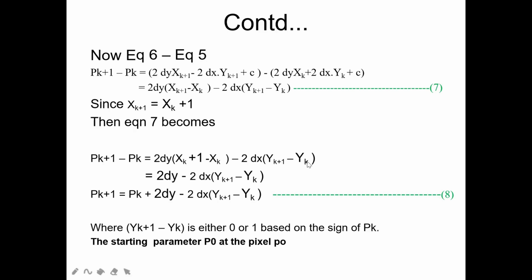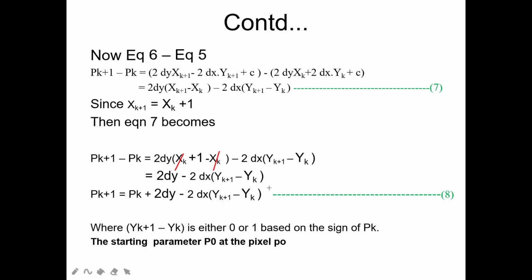Let it be like this for the timing. So here xk and xk will get cancelled, right? So now 2 dy minus 2 dx, then in the bracket whatever was there, let it be there only.